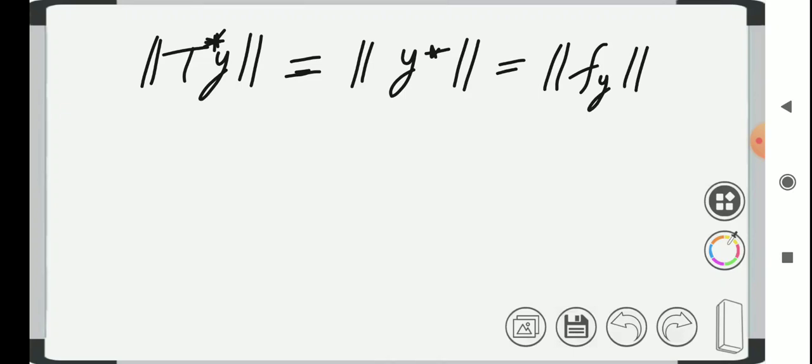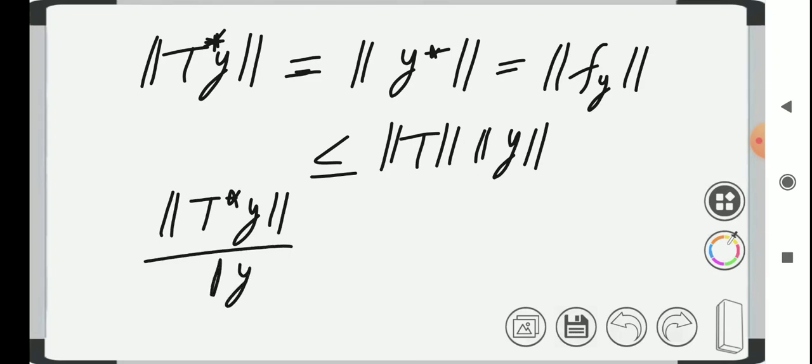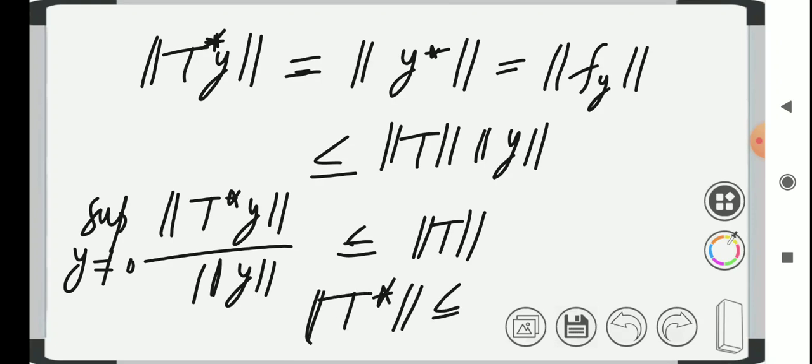And we also showed that the norm of fy is less than or equal to norm of T times norm of y, and hence we can divide by norm of y, which is less than or equal to norm of T, and we can take supremum over all non-zero vectors, which gives us that the norm of T star is less than or equal to the norm of T, which clearly shows that T star is bounded.